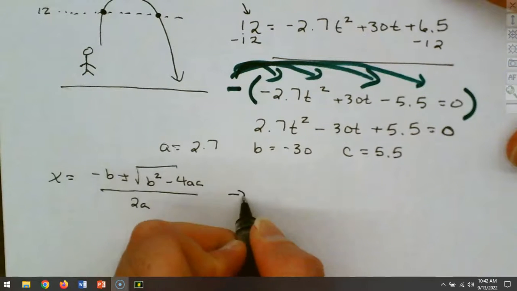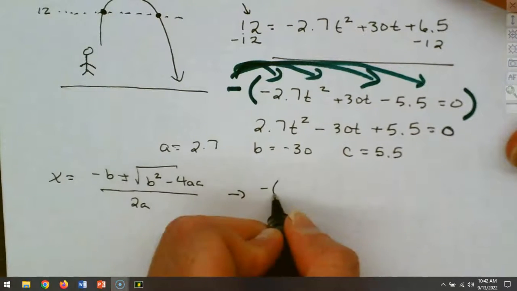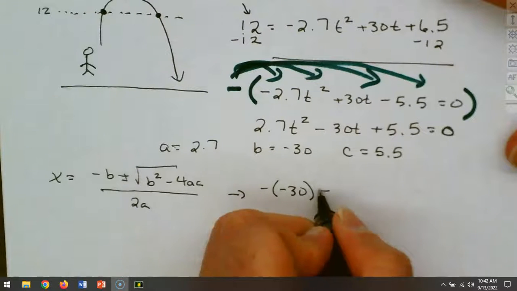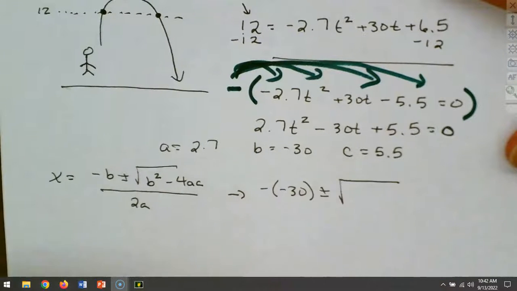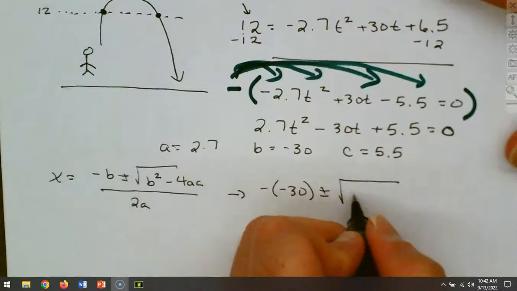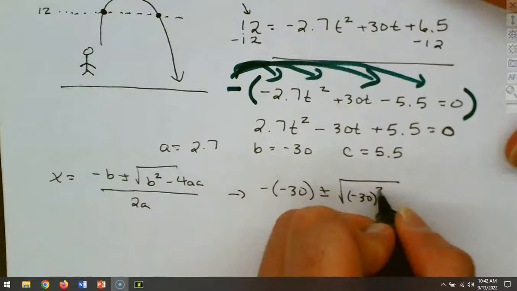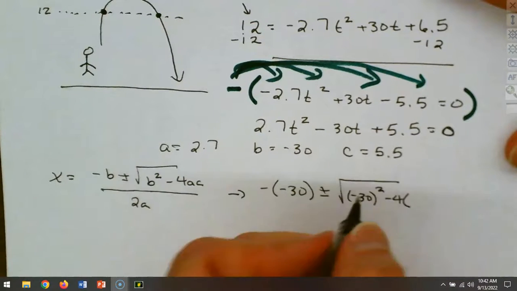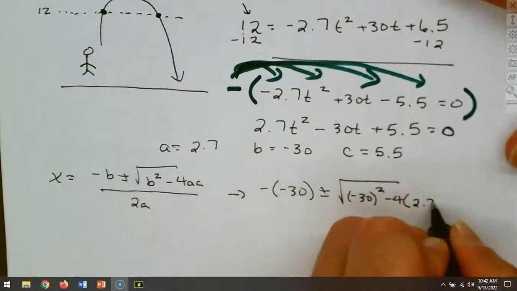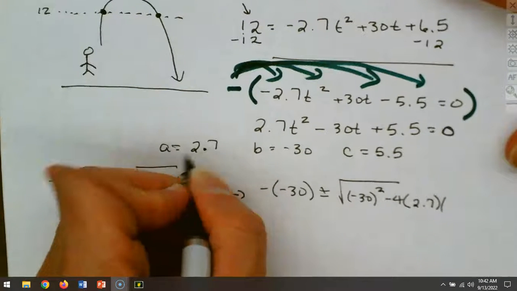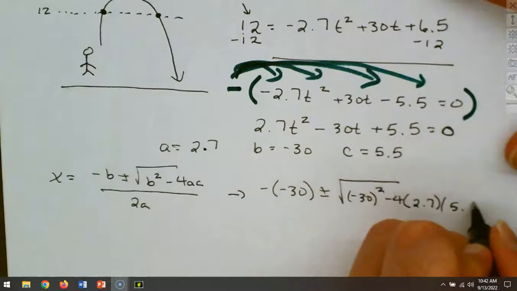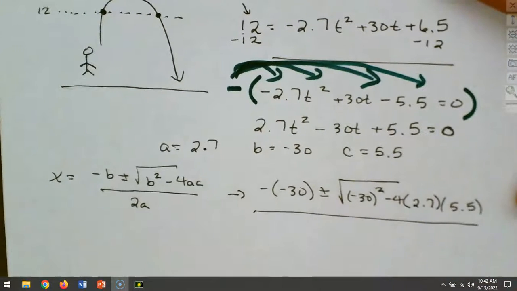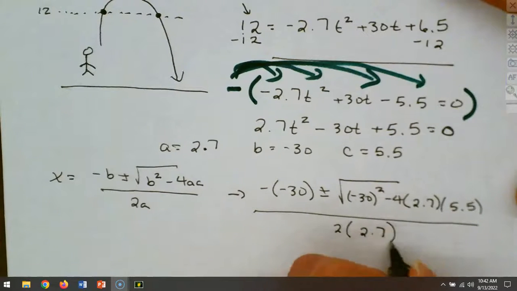Plug your values in. You should see that's a 2.7 there and 5.5 there. And that's all going to be over 2 times a 2.7.